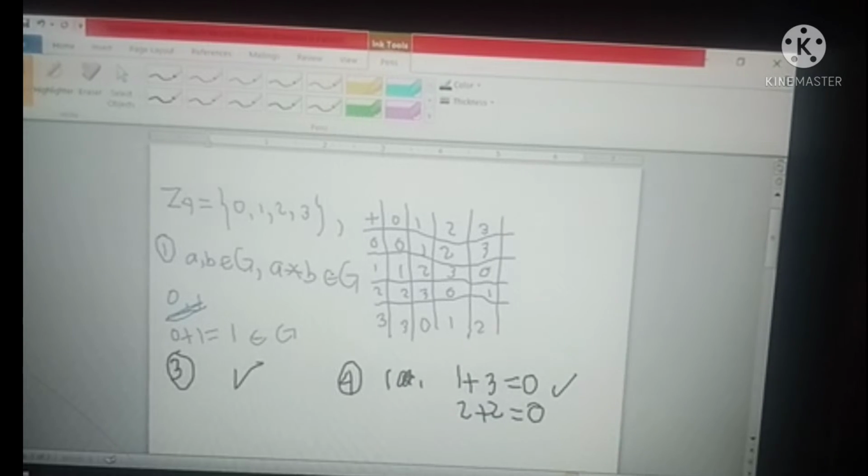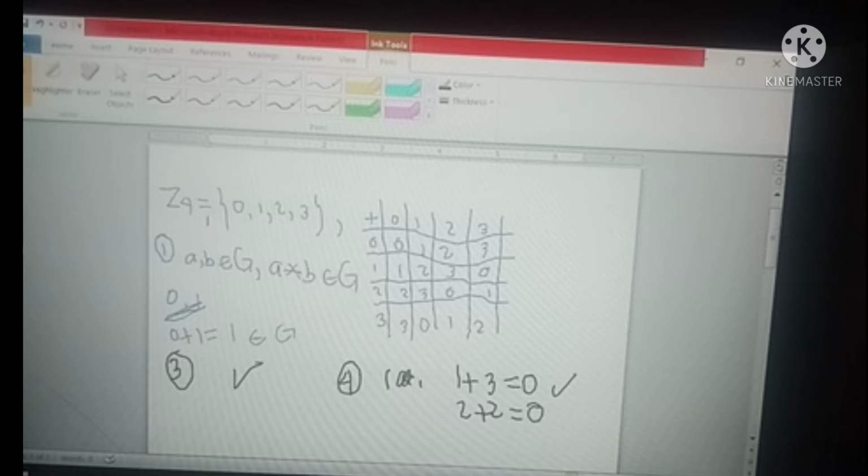So at this time, the four properties are satisfied in this group, so we can say that this is really a group.